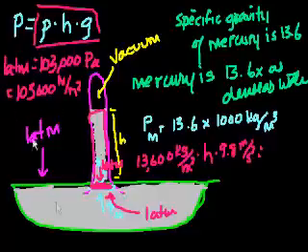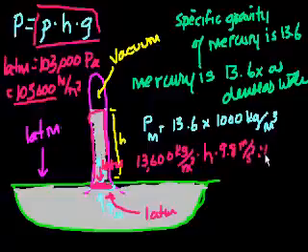So 1 atmosphere is how much we're pushing down out here, so it's how much we're pushing up here, and that's going to be equal to the amount of pressure at this point from this column of mercury. And 1 atmosphere is exactly this much, equals 103,000 newtons per meter squared.